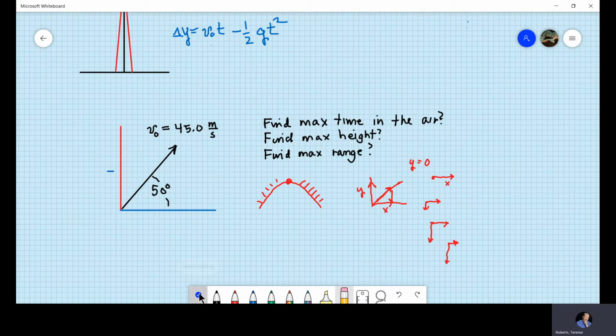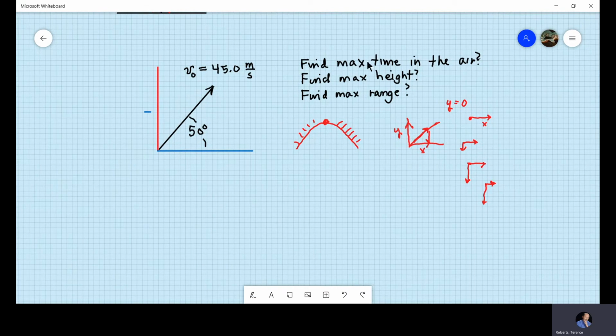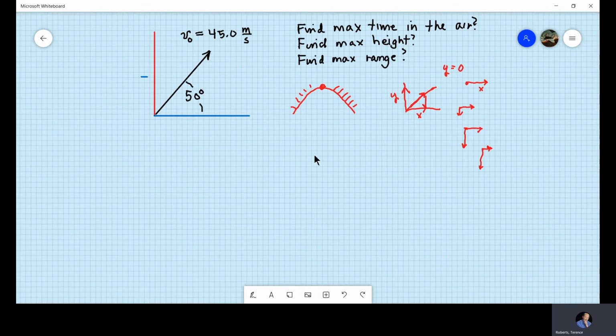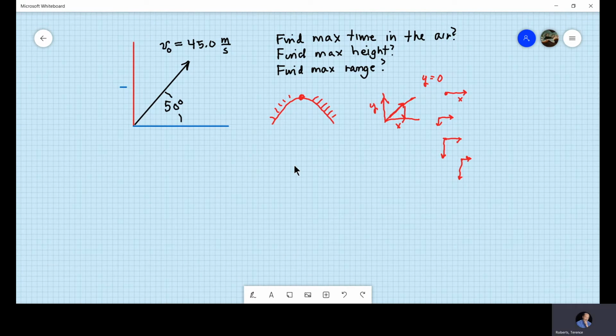So now let's figure out what the maximum time is in the air, find the maximum height, the maximum range. Okay. So we need to break down this vector into components, okay? So we have initial velocity. We want to break this down to the x component.